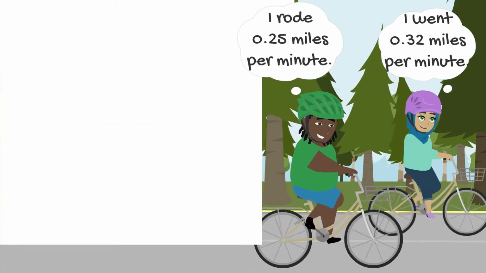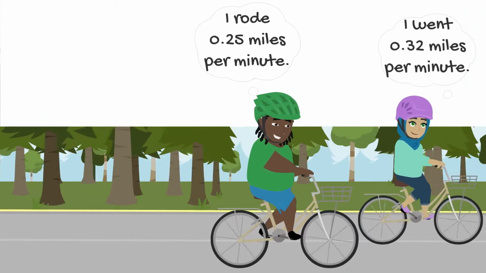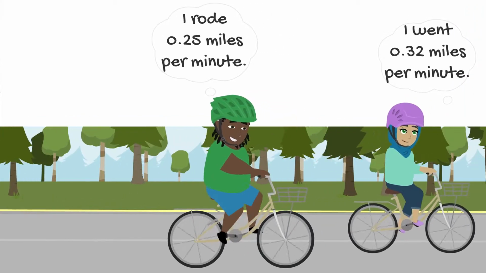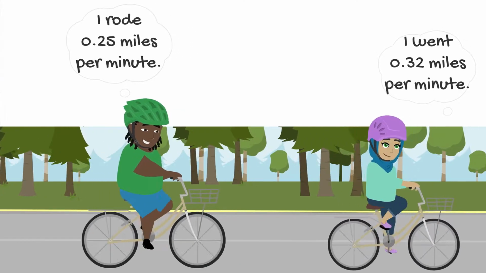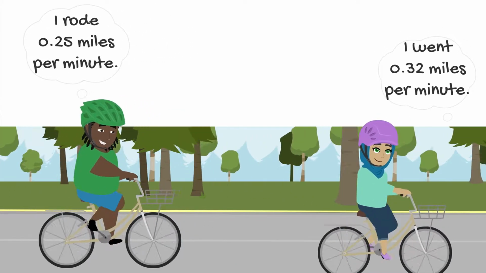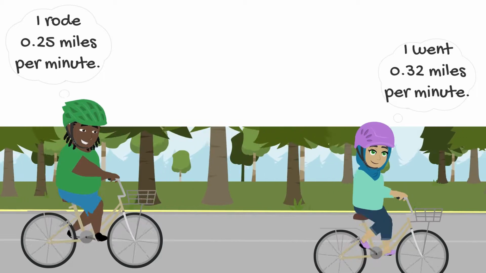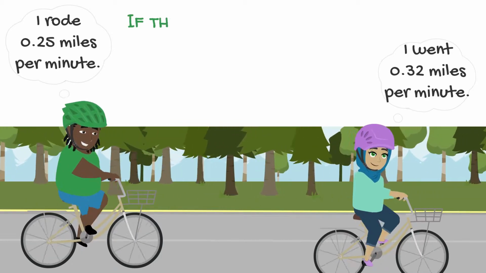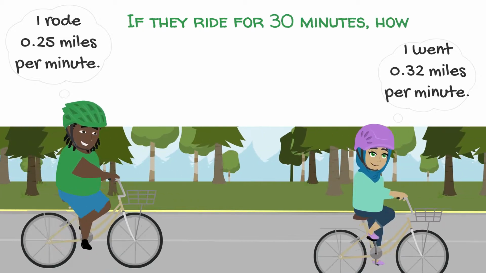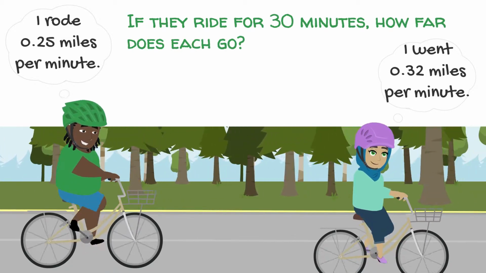If you know the unit rate, you can also solve problems involving scaling. In these cases, multiply the unit rate by the number of times it occurs. For example, assume that both Kaji and Rania will ride for 30 minutes at constant rates of speed. How far will each ride?